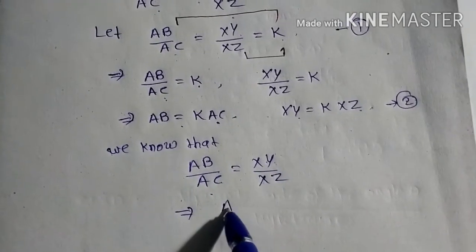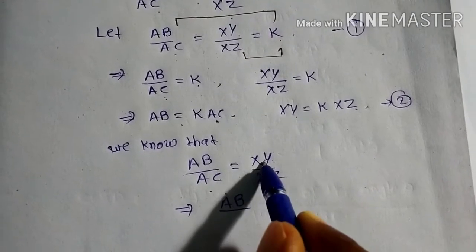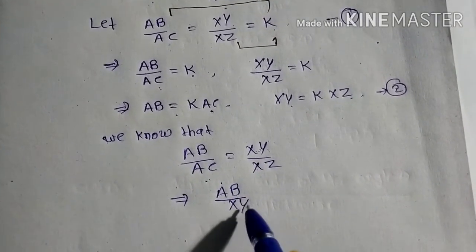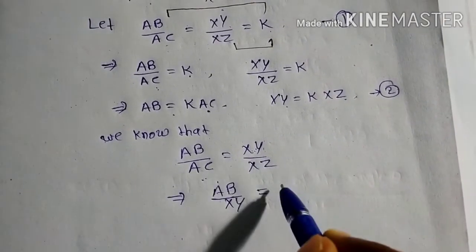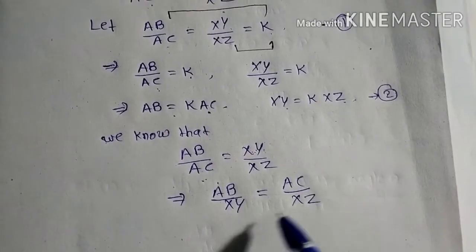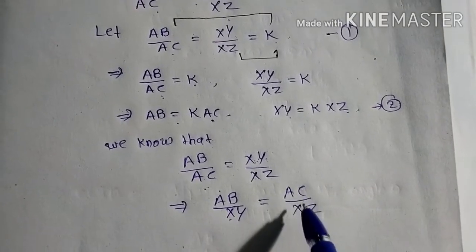That means AB by XY is equal to AC by XZ.